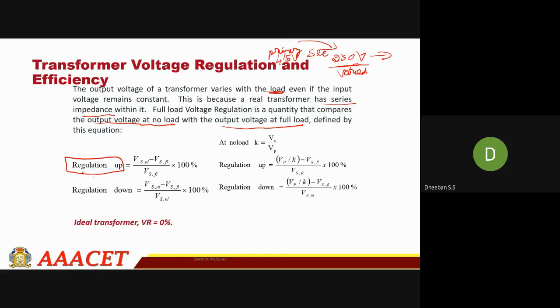If the regulation has to be brought down, then in the denominator you replace full load with no load. For an ideal transformer, it will generally be 0%, but in the practical case it is not possible.